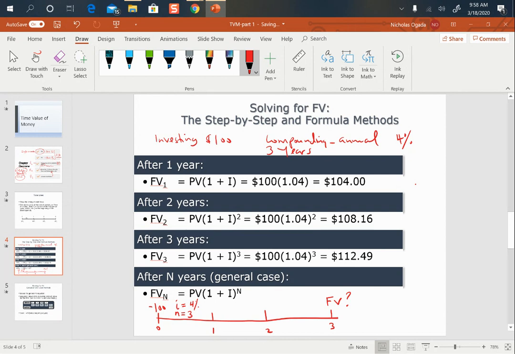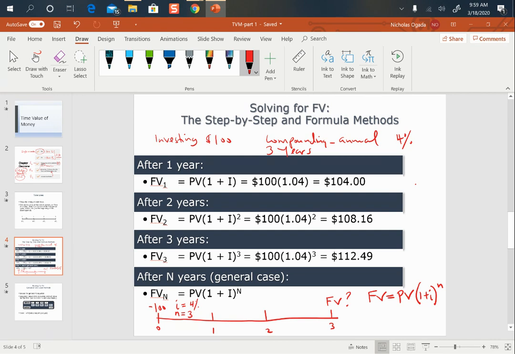If you use the formula method, to determine the future value we take the present value and multiply it by 1 plus I raised to the power of n, where I in this case is 4%, n is 3 years, and the present value is $100. So let's do this step by step.